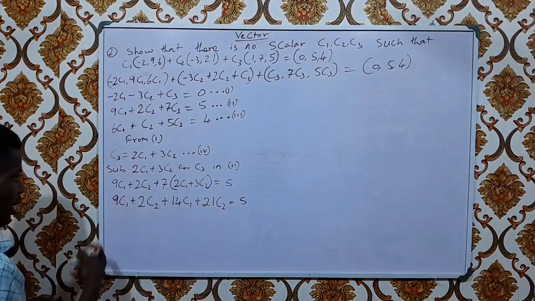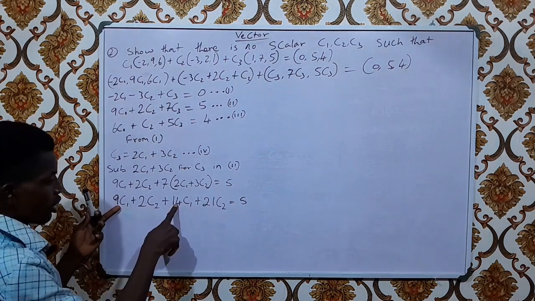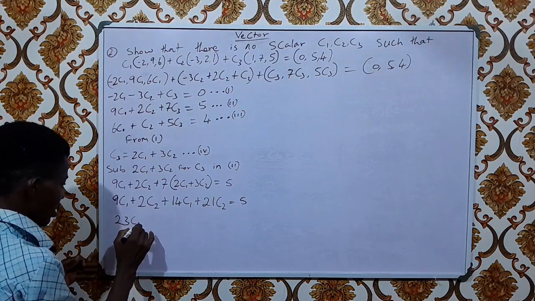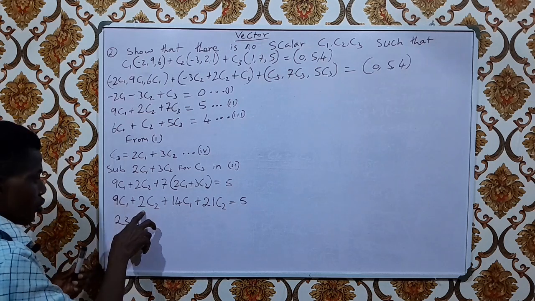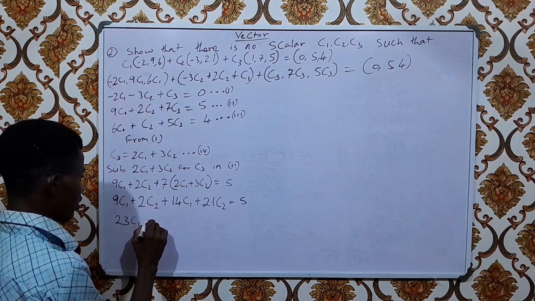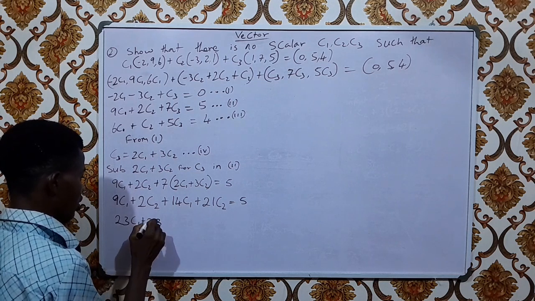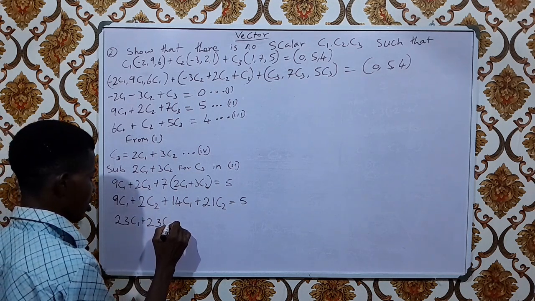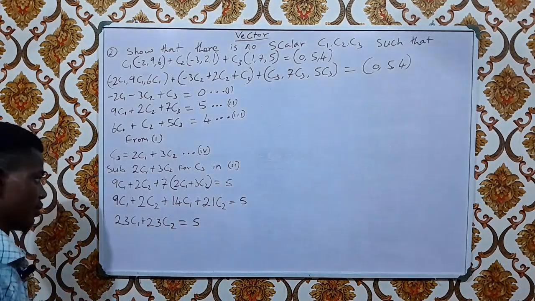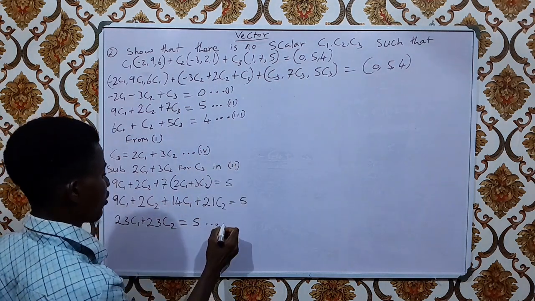We collect like terms here. 9C1 plus 14C1 will give us 23C1. 2C2 plus 21C2 will also give us 23C2, which equals 5. We call this equation 5.